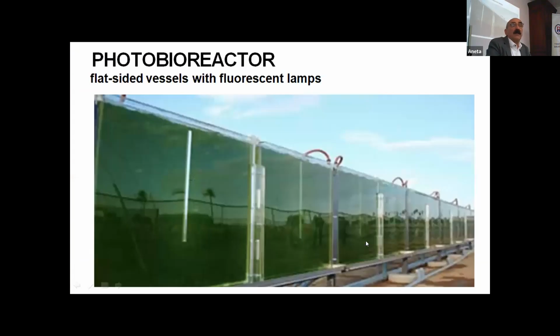This is one photobioreactor, flat-sided again, with a fluorescent lamp for mass production of algae. This is, I think, the University of Arizona.